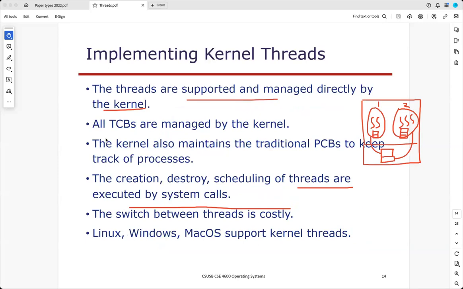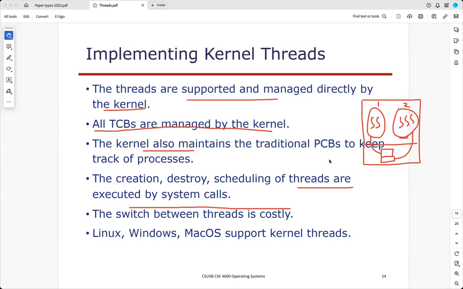The kernel threads are supported and managed directly by the kernel. All the thread control blocks are managed or maintained by the kernel. The kernel also maintains a traditional process control block to keep track of processes. Now, for example, process 1 has 2 threads, and process 2 has 3 threads.